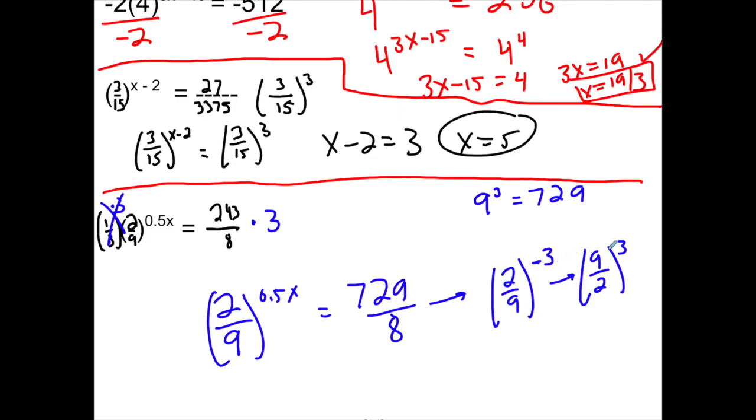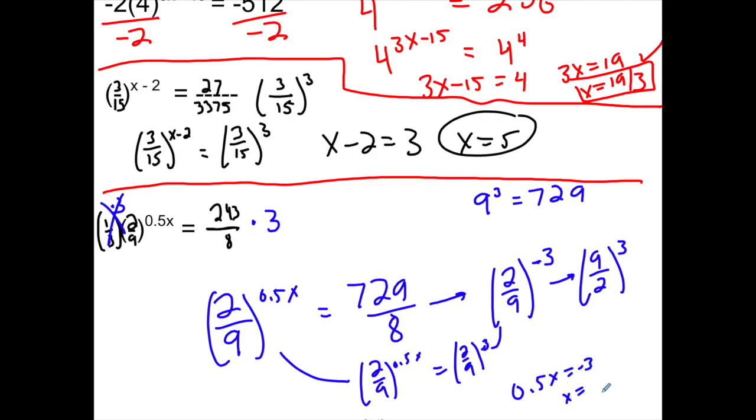And then we see that 9 to the positive 3 is 729, and 2 to the positive 3 is 8. So we'll link this together and we'll get 2/9 to the 0.5x is equal to 2/9 to the negative 3. So 0.5x equals negative 3. So x equals negative 6.